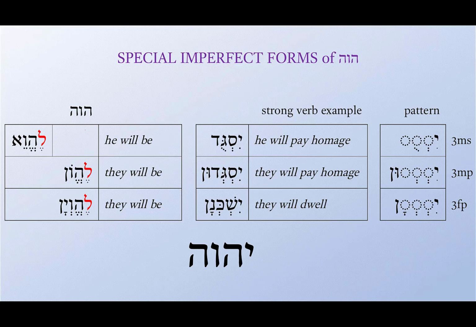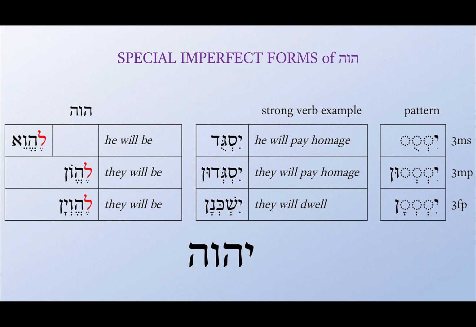Now, the hypothesis, it's not written down anywhere why this is done, but the belief that this is to avoid writing the divine name is underscored by a couple factors. One is that the tav prefixed imperfect verb forms of hey vav hey maintain their tav because there's no danger of the divine name appearing with a tav prefix.